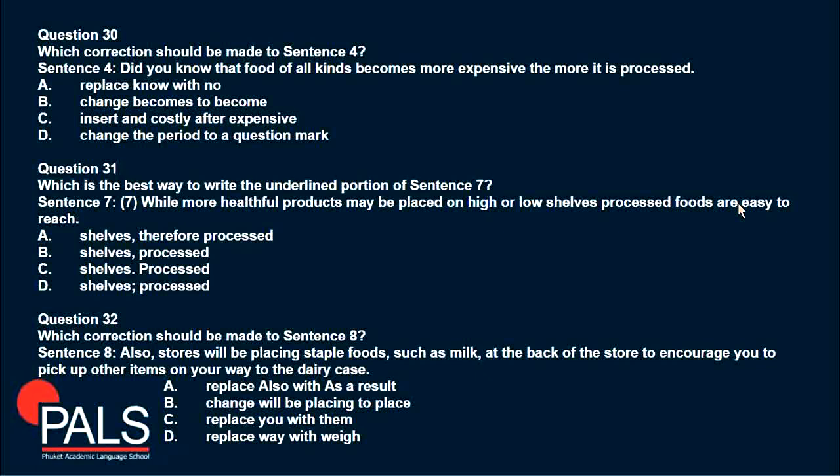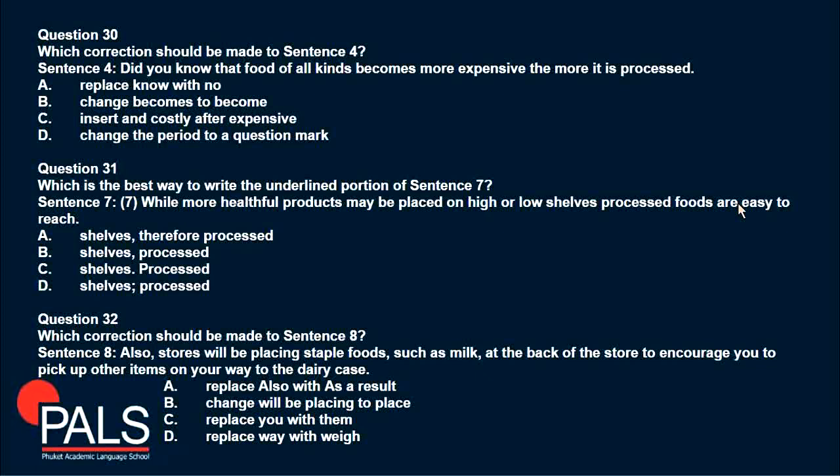Okay, so while more helpful products may be placed on high or low shelves, processed foods are easily to reach. I want you to read that sentence a couple of times, and you will understand what's the best option to do.